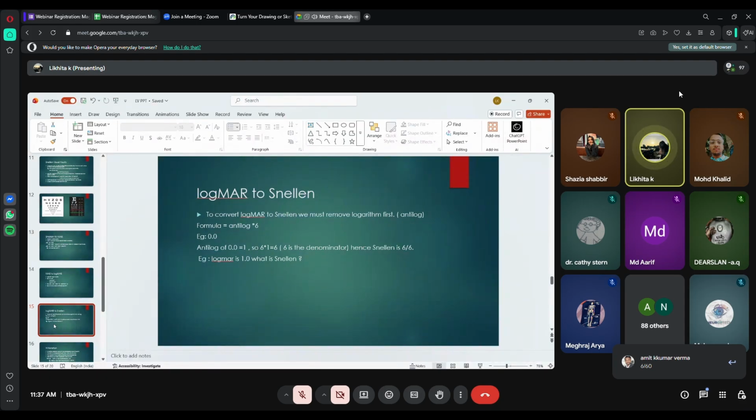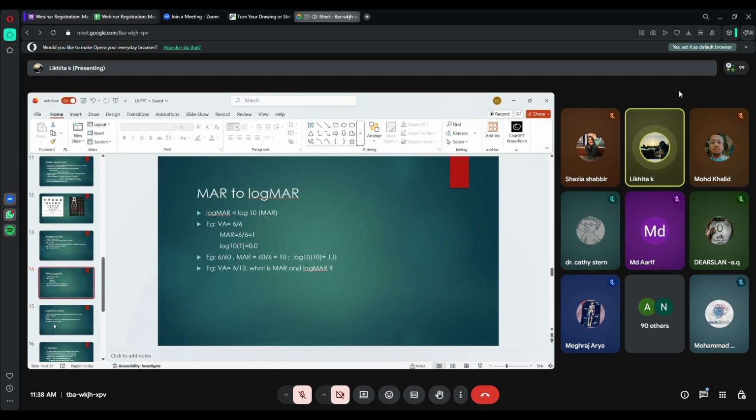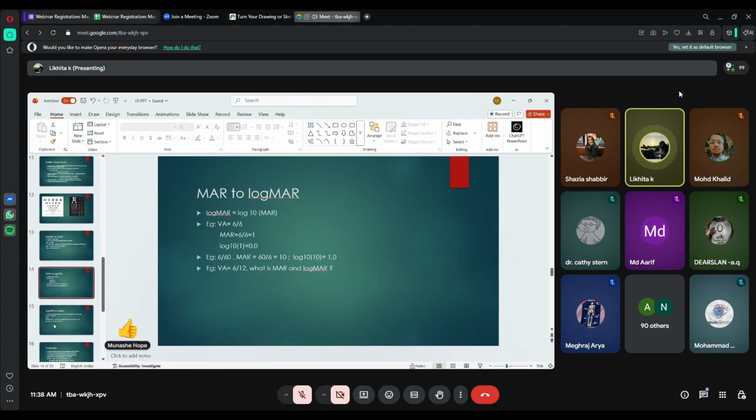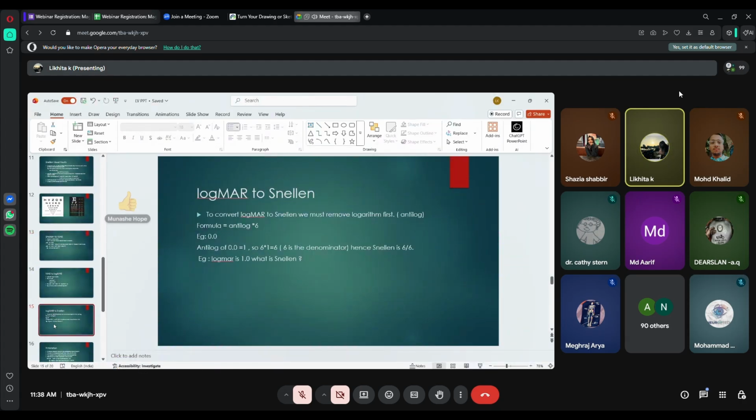So for this formula, we don't have any specific shortcut. If you want to remember the entire anti-log calculations, then it's fine, or else you can use calci or Google to get the anti-log values. So did you guys understand all these conversions from Snellen to MAR, MAR to logMAR, logMAR to Snellen?